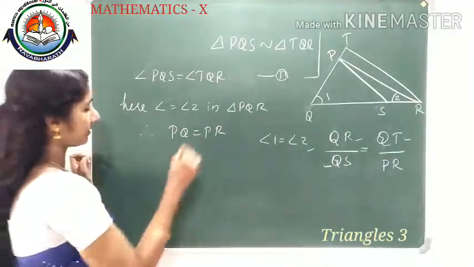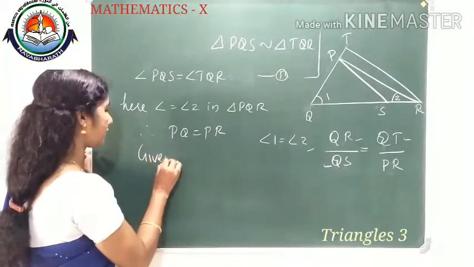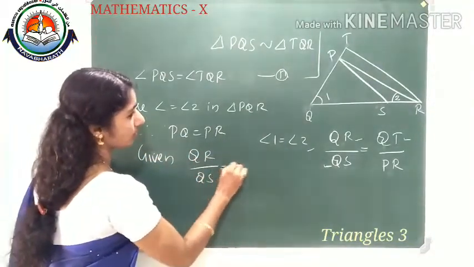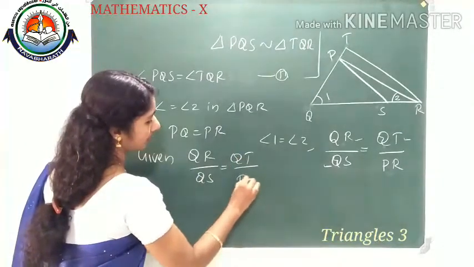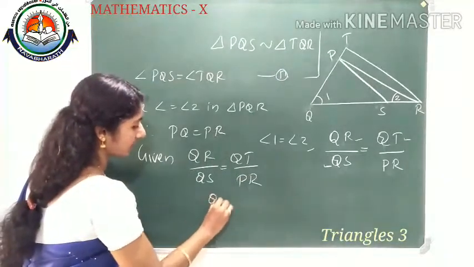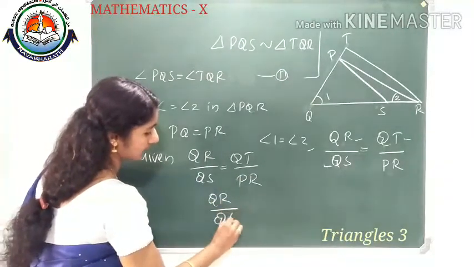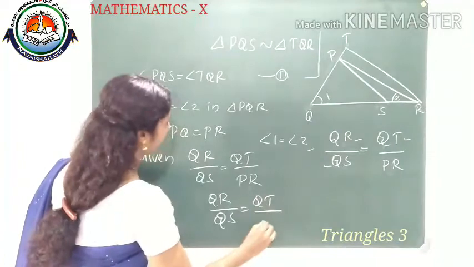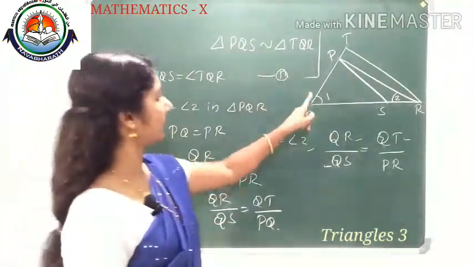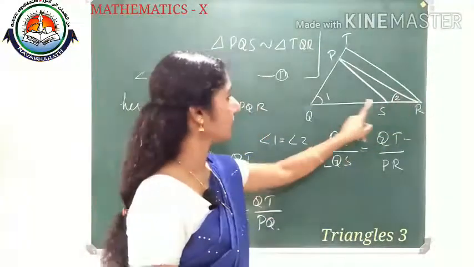Okay. So what is given? That ratio is given: QR by QS is equal to QT by PR. So in this one, PR you can replace with PQ. So it will come QR by QS is equal to QT by PQ. Then check the ratio. QR by QS.